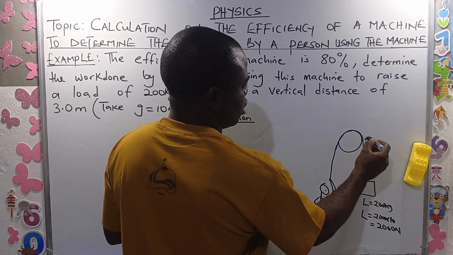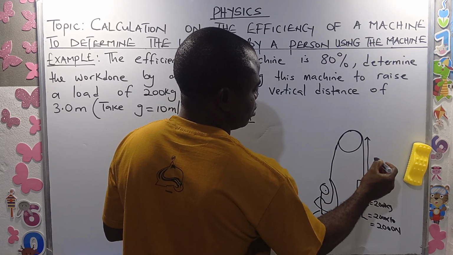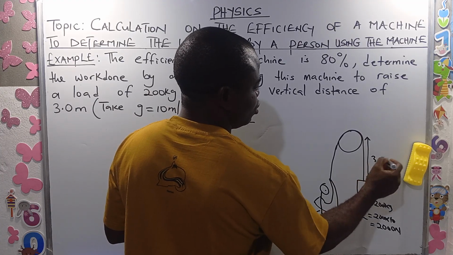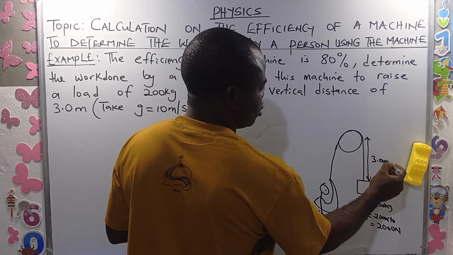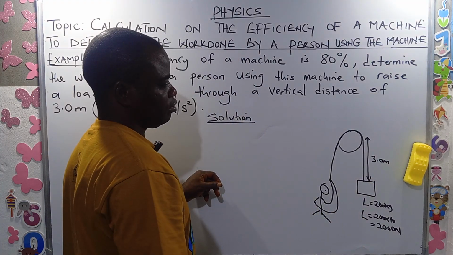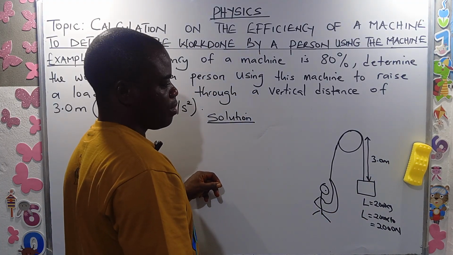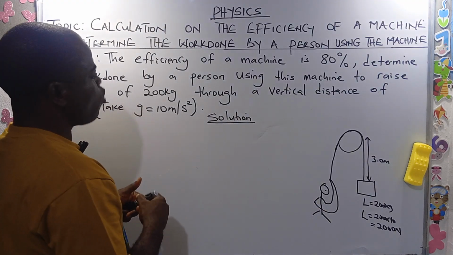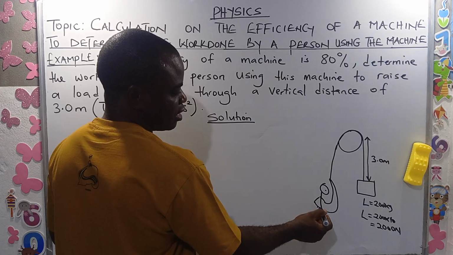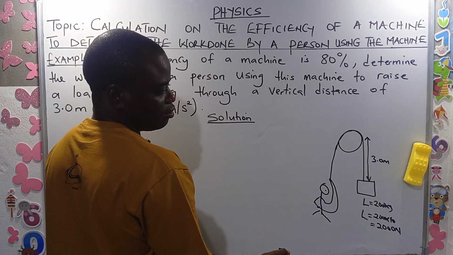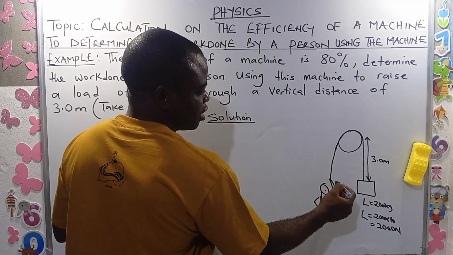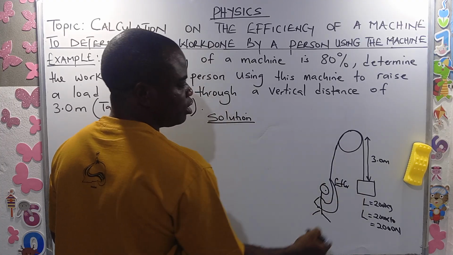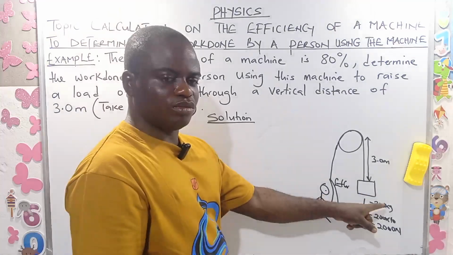Now, this is the height at which the load moves up, 3 meters. Okay. Now, we want to see the work input by this person. This is the effort applied in pulling this load.